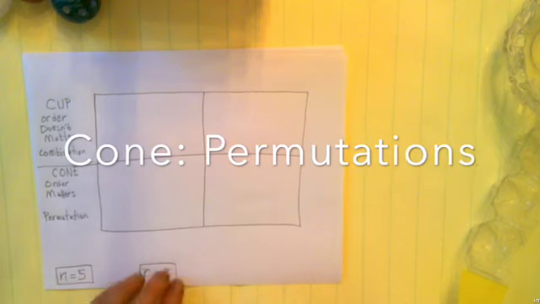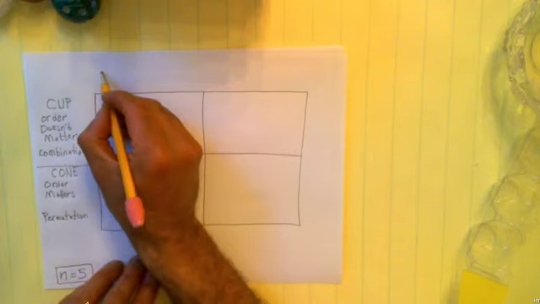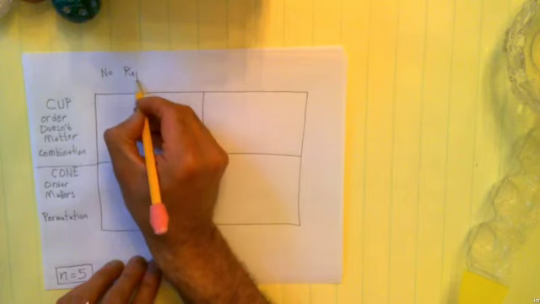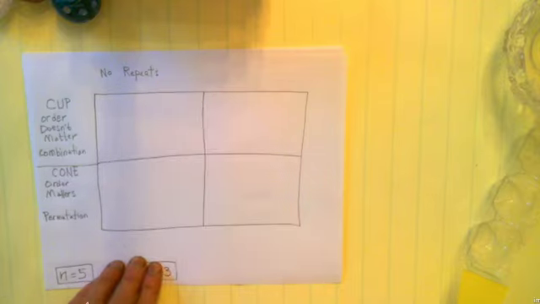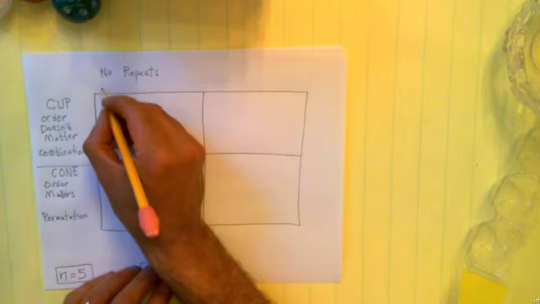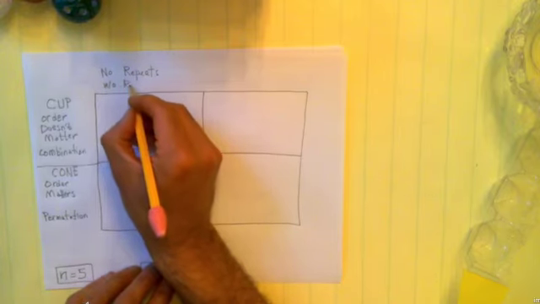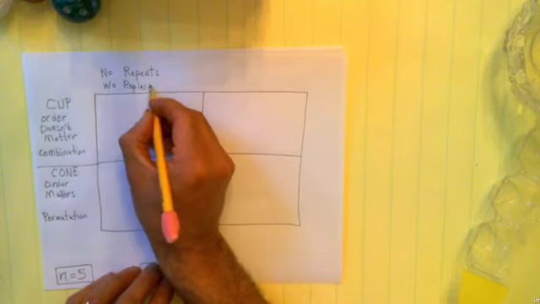Now, we're not done yet. Remember, I told you about repeats allowed or repeats not allowed. Let's say that here we say that repeats not allowed. So no repeats, which means that the parlor itself is not replacing. So this is without replacement, WO, without replacement. No repeats.